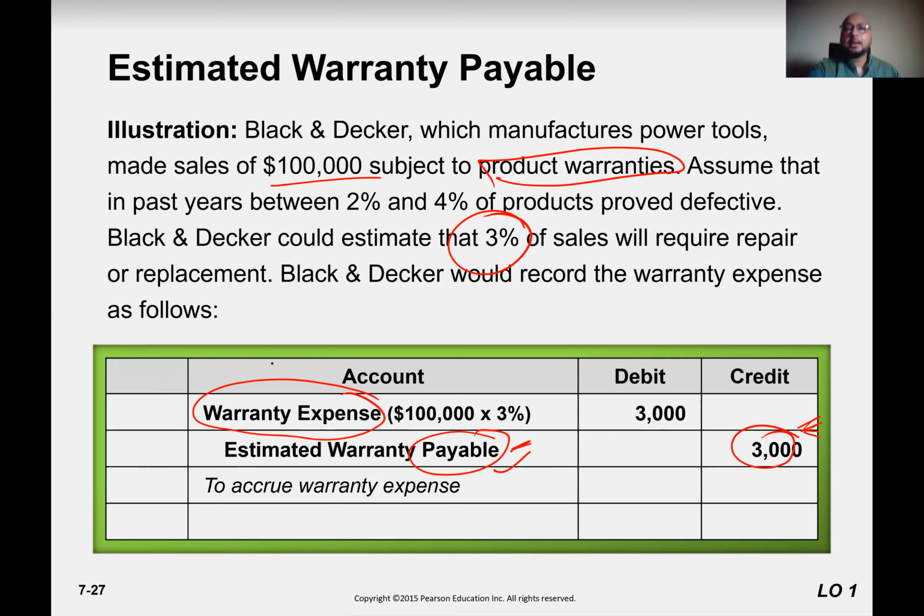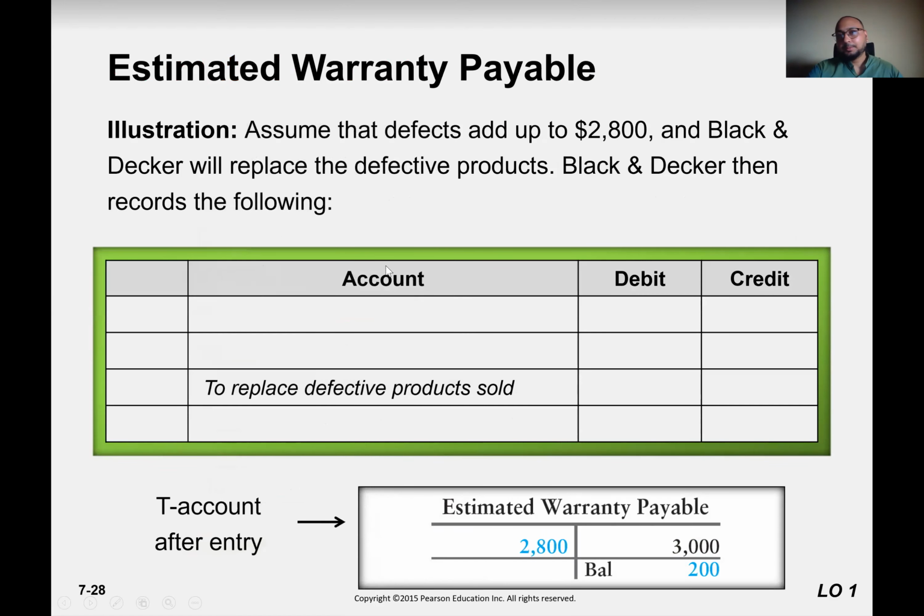So this expense already went to the income statement, right? Now what happened? Assume that all the defects add up to 2,800, and we created an estimated warranty liability of 3,000.